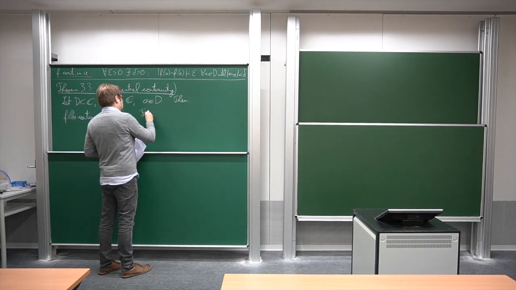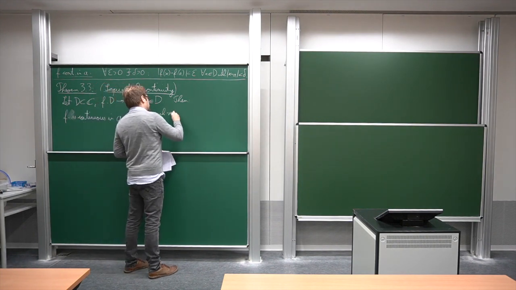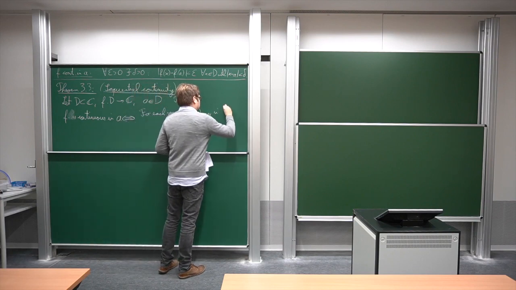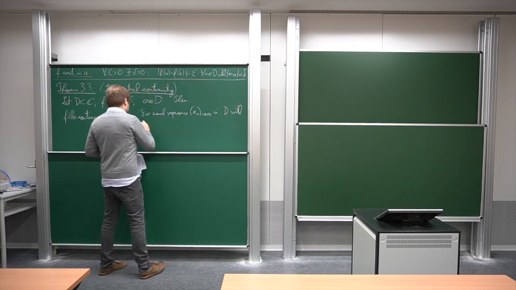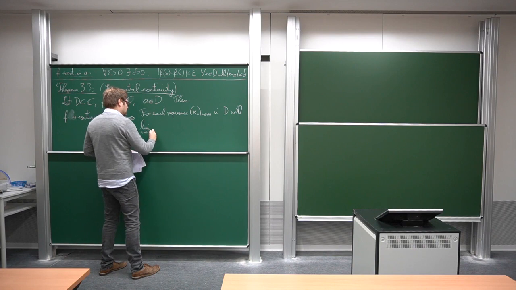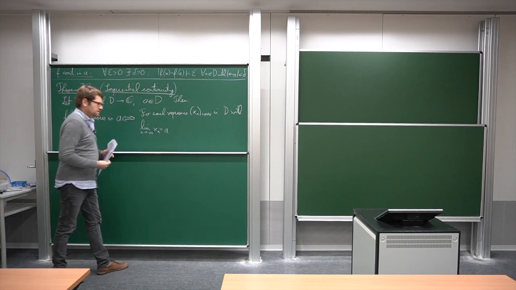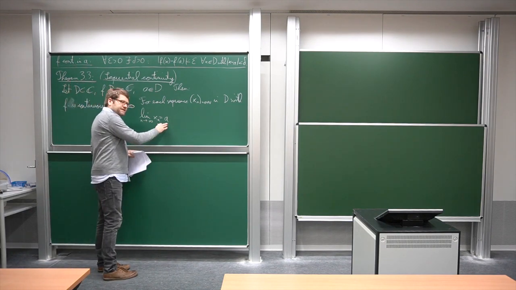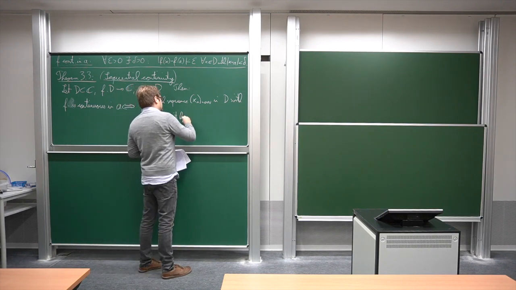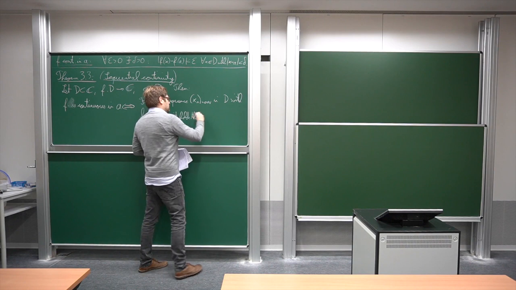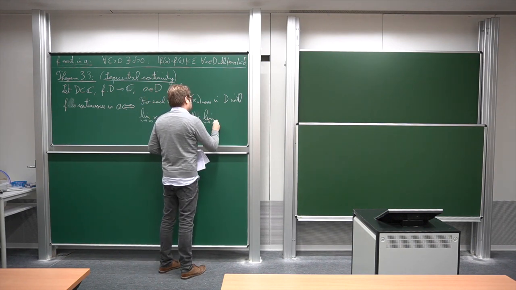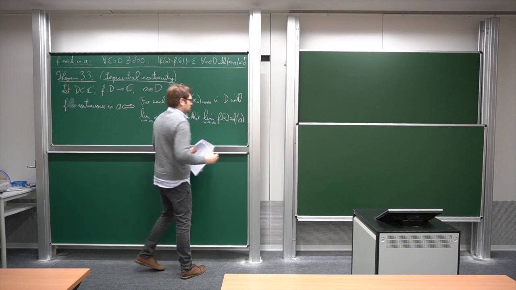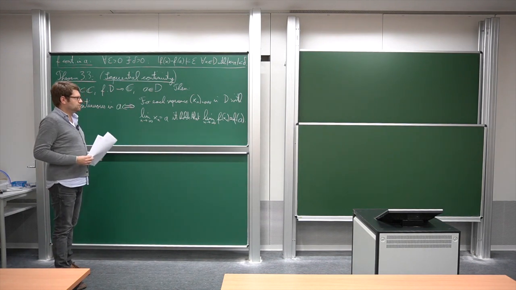For each sequence xn in D which converges to A, so with the limit as n to infinity of xn equal to A, it holds that the values of f at this sequence also converge against the value of f at A. So for each of these sequences, it holds that the limit as n to infinity of f of xn is equal to f of A. So whenever they converge against the point in the domain, the values converge as well.